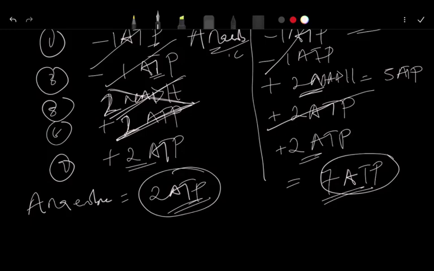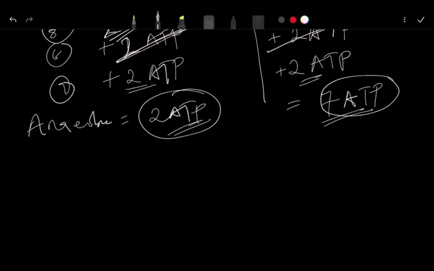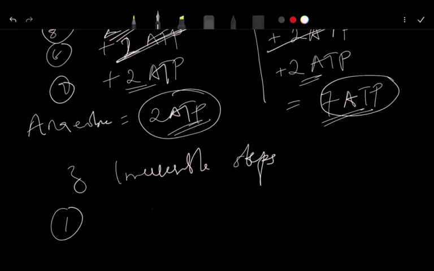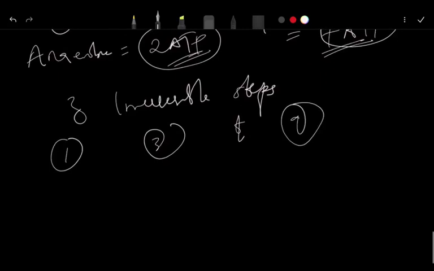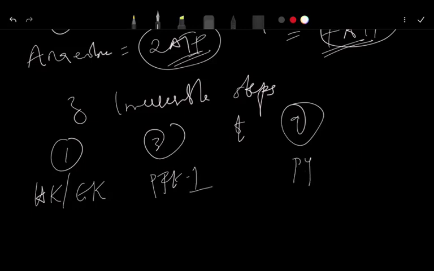Just to give you the irreversible steps: remember, in glycolysis there are 3 irreversible steps, steps 1, 3, and 9. Of course we don't really cram the step, but the main thing is the enzyme. Step 1, hexokinase or glucokinase. Step 3, PFK1. And step 9, pyruvate kinase.